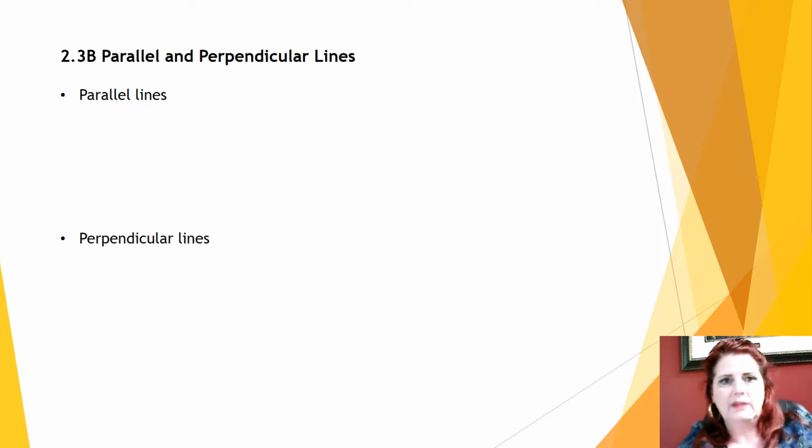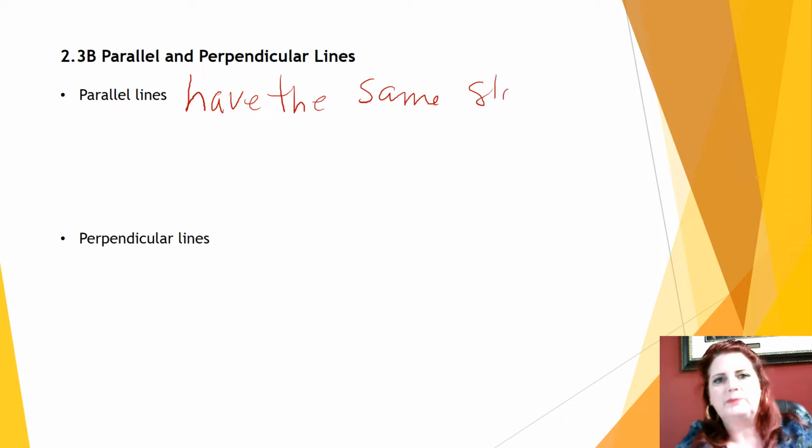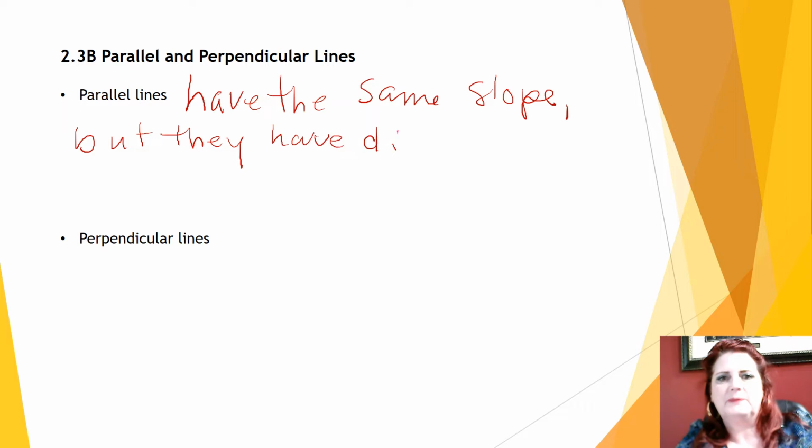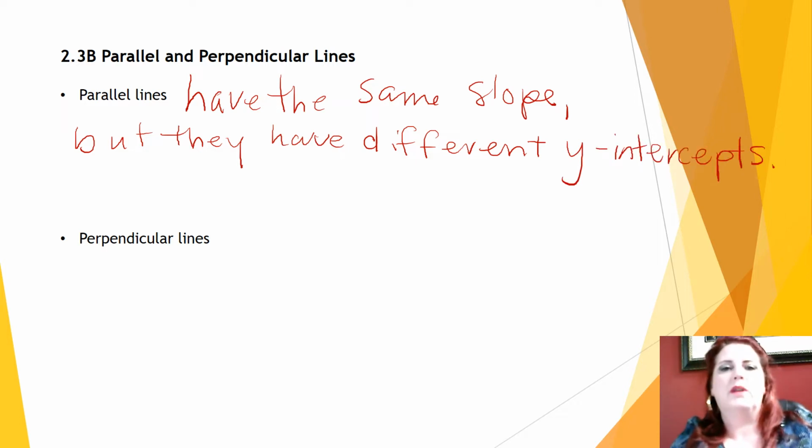So parallel lines have the same slope, but they have different y-intercepts.